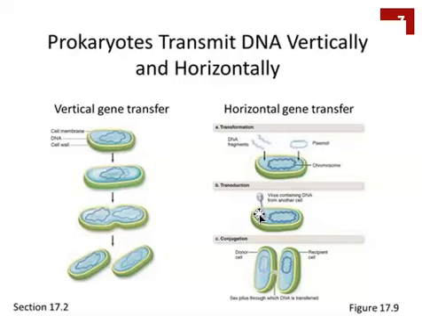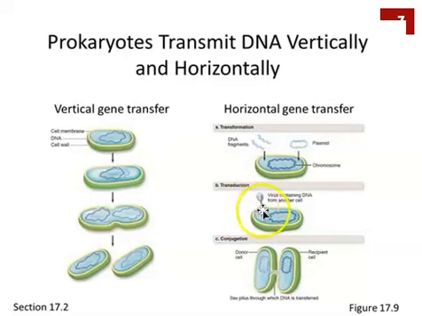Well, during this process, sometimes mistakes get made. Sometimes, in addition to packaging up viral DNA, the cell also packages a little of its own DNA into the virus. And what happens then is that the new viral particles, as they're exiting the cell, are actually carrying not only viral DNA, but also a little bit of the host cell's DNA.